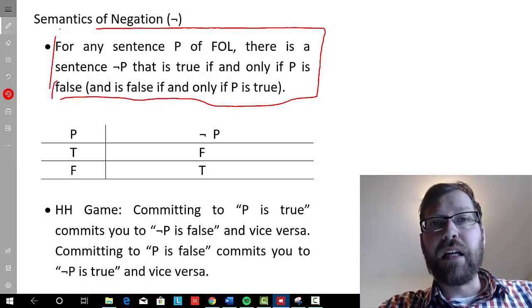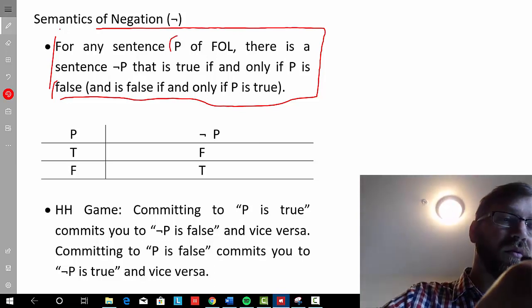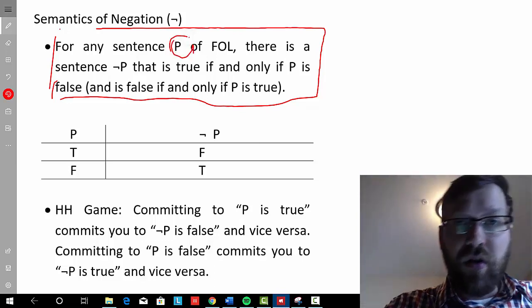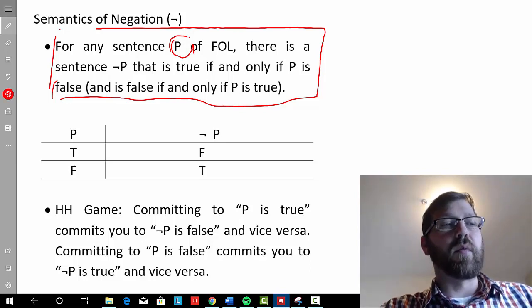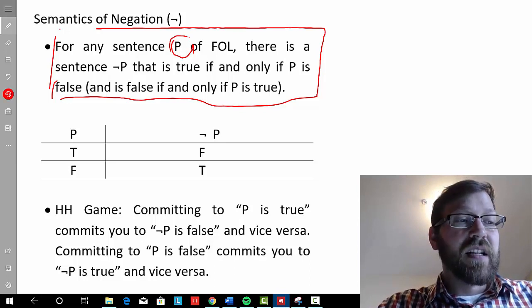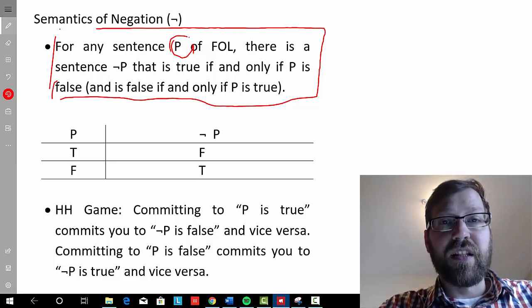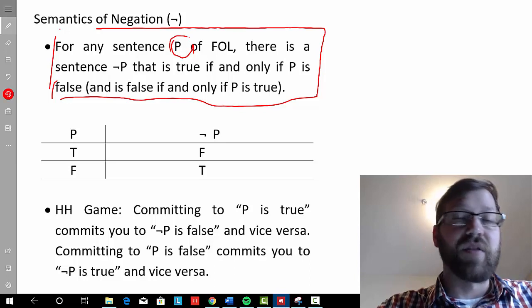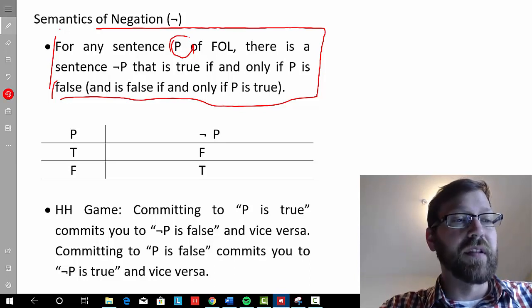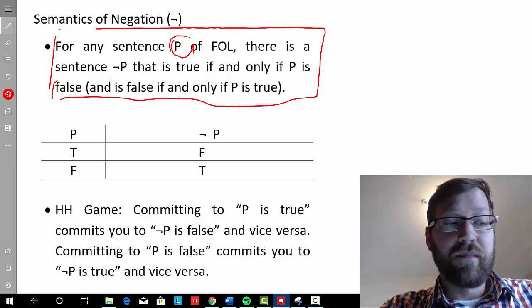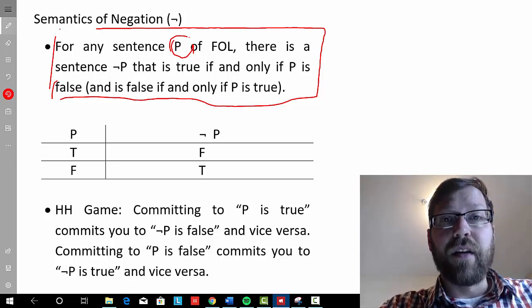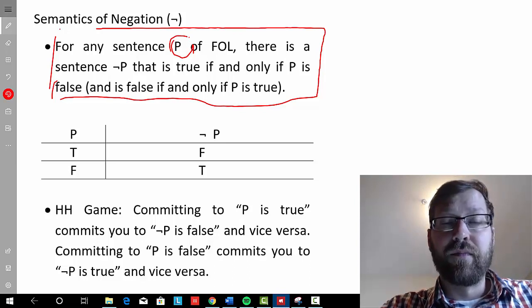For any sentence P of FOL, whether P is atomic or complex, it doesn't matter, there is a sentence negation P, so it's just the same atomic or complex sentence, with the exception that it has a negation out in front of it. So for any sentence P of FOL, there is a sentence negation P that is true if and only if P is false, and is false if and only if P is true.